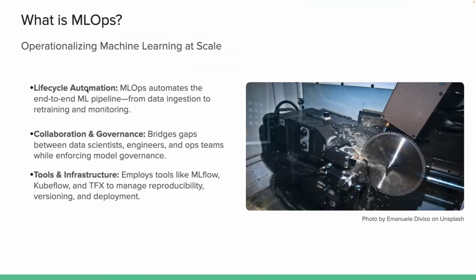There is a life cycle called the machine learning life cycle. MLOps focuses on automating the life cycle. MLOps automates the end-to-end ML pipeline from data ingestion to retraining and monitoring. It also helps you with compliance and governance, and it also helps you with tools and infrastructure. For example, MLflow, Kubeflow, Terraform, versioning, and deployment.